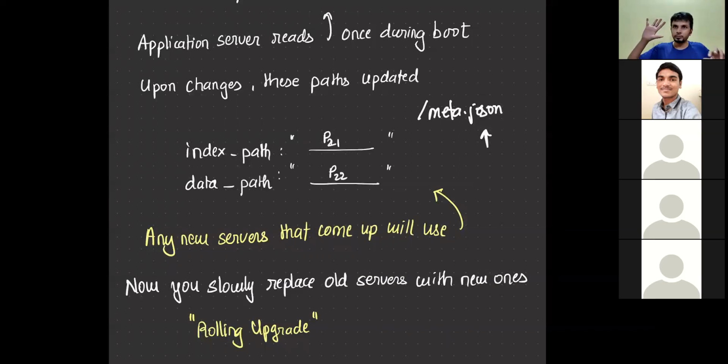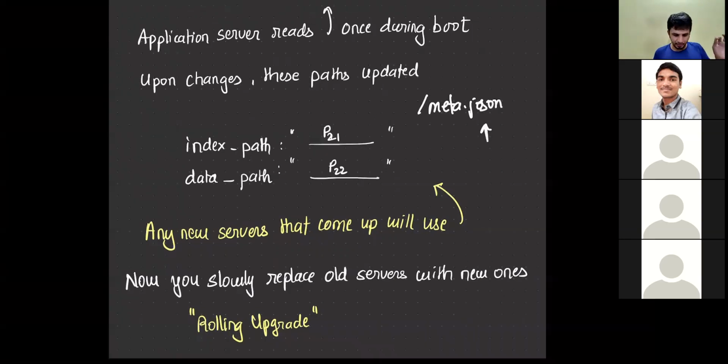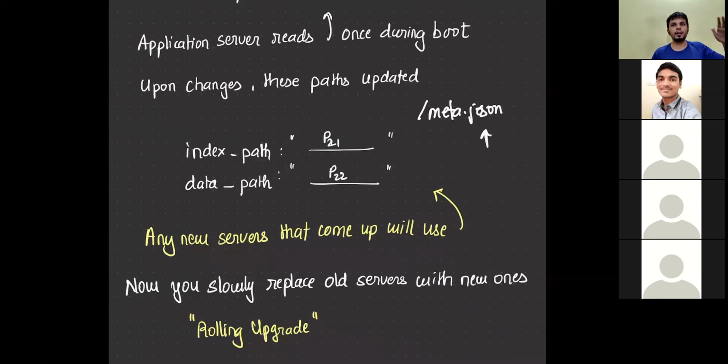So the problem for new servers is solved. Old servers will continue to serve from the old index path and old data path. So instead of having one copy, we now have two copies, old and new. Once we know that our process is done and the new path is updated, we can slowly start terminating the old servers, or do a reboot, whatever works.